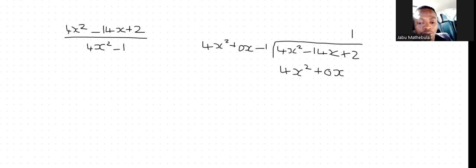Now we put a negative here. We're going to subtract these two. 4x squared minus 4x squared is going to be 0. Fine. -14x minus 0x is -14x. And then 2 minus -1 is going to be 2 plus 1, which is 3.